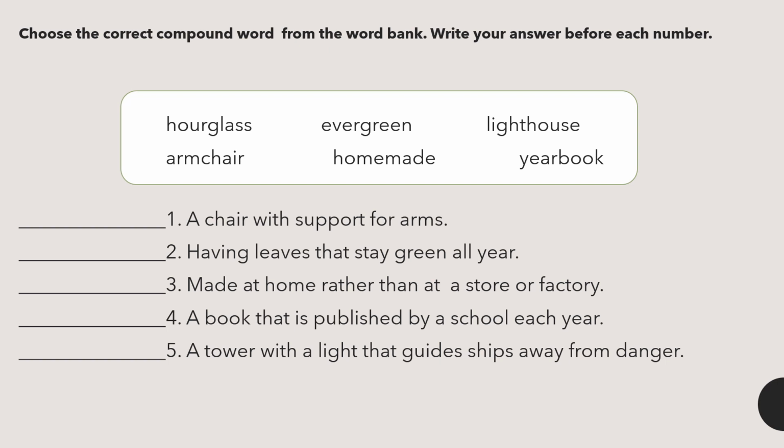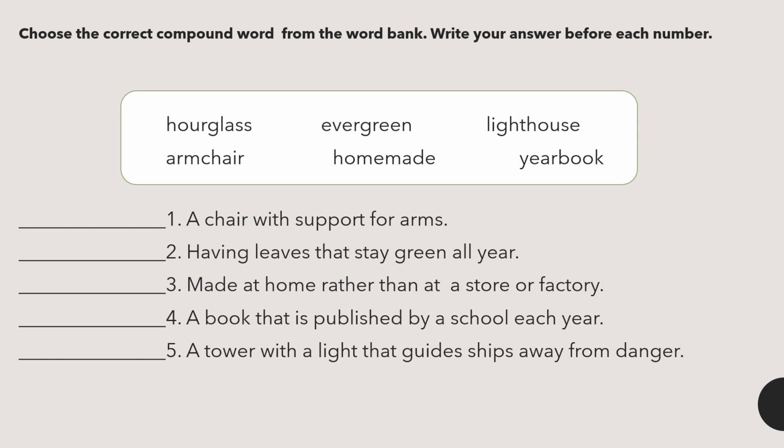Number 4 is a book that is published by a school each year. And number 5 is a tower with a light that guides ships away from danger. So the choices are the following. We have hourglass, armchair, evergreen, homemade, lighthouse, and yearbook. So for you, you will write the answer before each number.